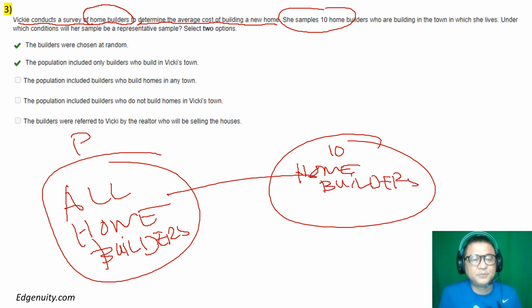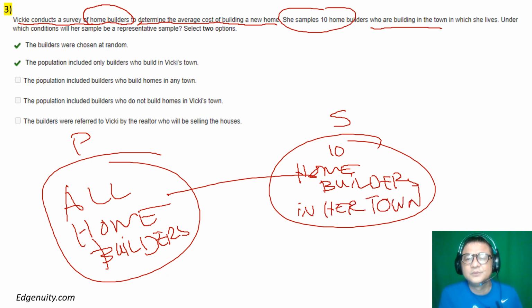Remember, this is the population, this is the sample, who are building in her own town, where she lives. Under which conditions will her sample be good?